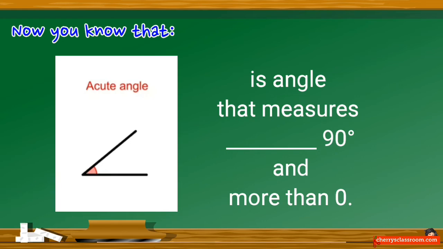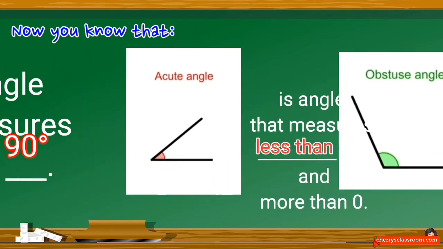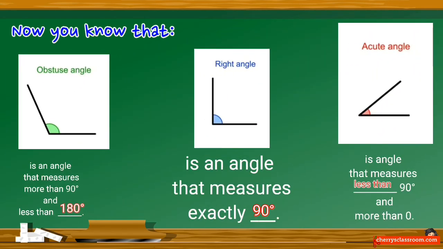Acute angle is an angle that measures less than 90 degrees and more than 0. Obtuse angle, right angle, and acute angle. More than 90 degrees, less than 90 degrees, and exactly 90 degrees.